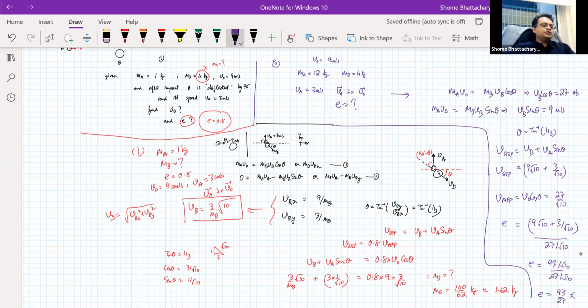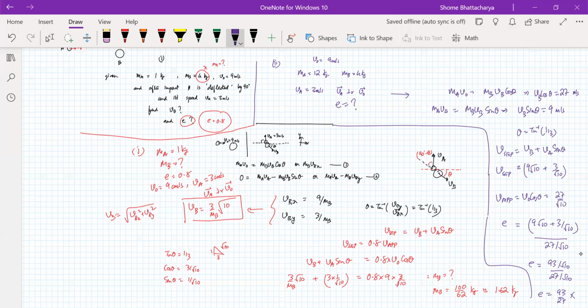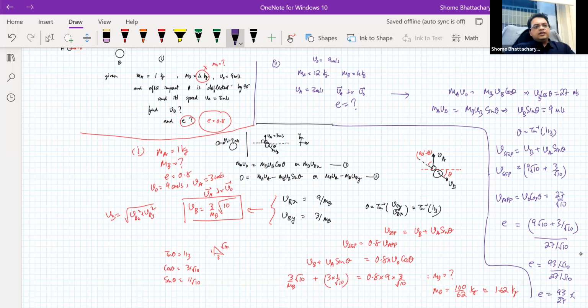Yeah, actually, I thought as much. For A to get deflected by 90 degrees, it probably has to be lighter than B, but not so much lighter like we had taken before, that 1/4. So if it's very light, what will happen? If it is getting deflected by 90 degrees, then its speed will be much closer, I think, to 9 meters per second than this.